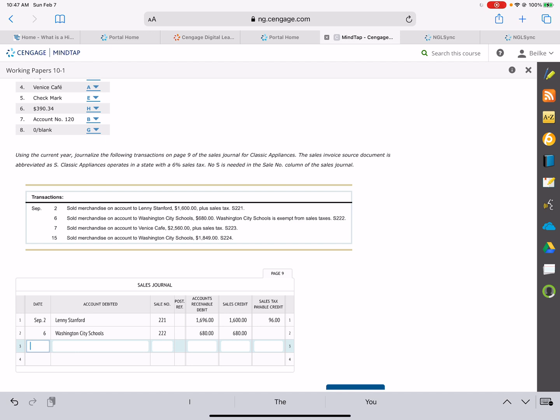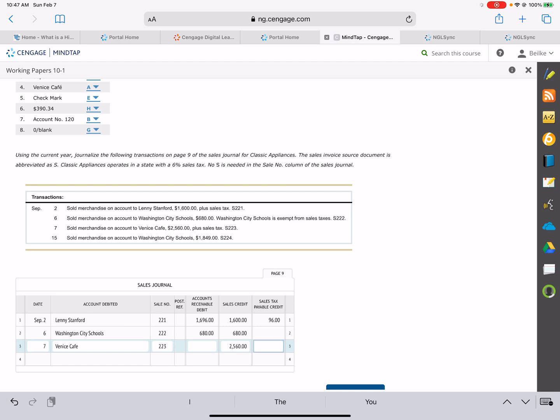On the 7th, sold merchandise on account to Venice Cafe plus sales tax. So the date is the 7th. The account debited is Venice Cafe, and it is sales invoice 223. The total of our sales is $2,560.